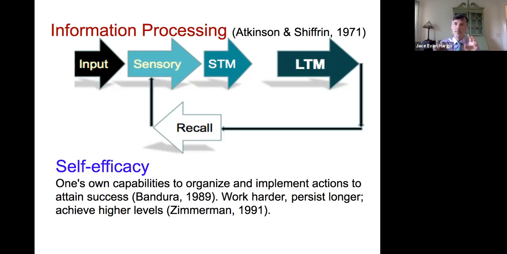Self-regulation, there's a little micro loop right there between STM, or the working memory, and long-term memory that should be constantly asking us, okay, I saw that, I heard that, but how can I use that? And what if I needed to use that later? And what does it have to do with my career or my degree or my interactions? So we should constantly be thinking about if we are actually transferring that information from short-term to long-term memory.